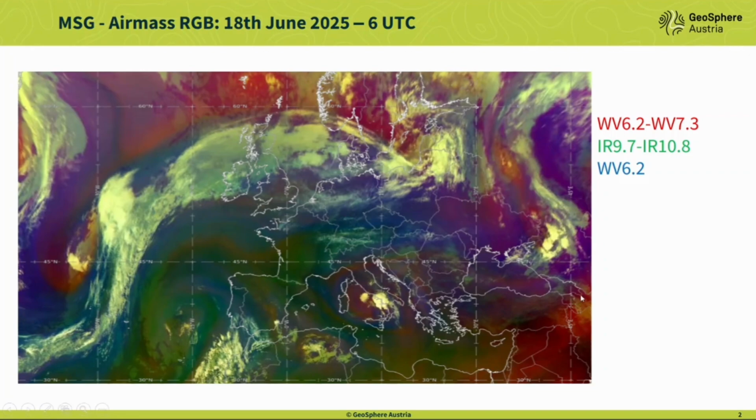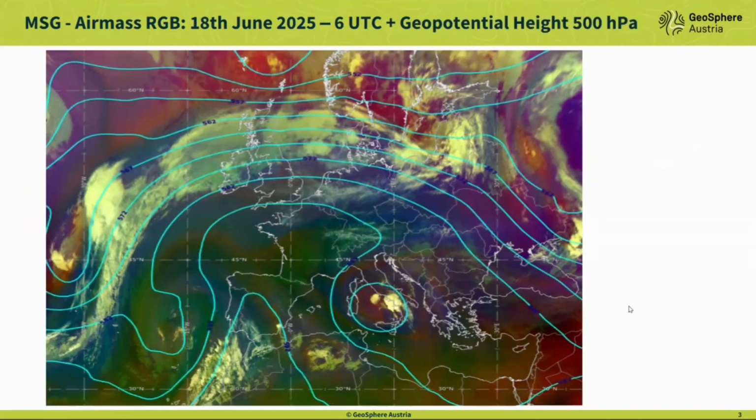We will take a closer look at that later, but first, the overall weather pattern here in the form of the geopotential height at 500 hectopascal. So we have this, it's not the perfect omega shape, but it's like an ongoing omega shape.